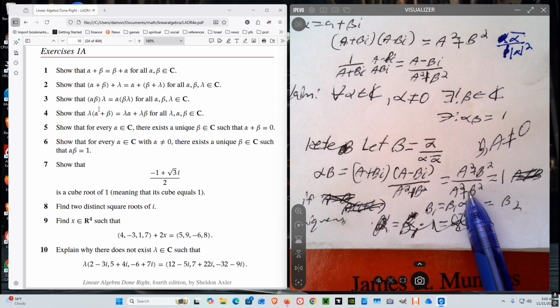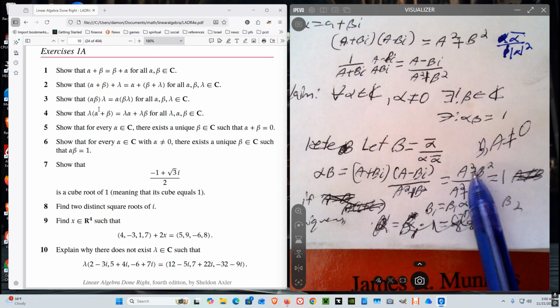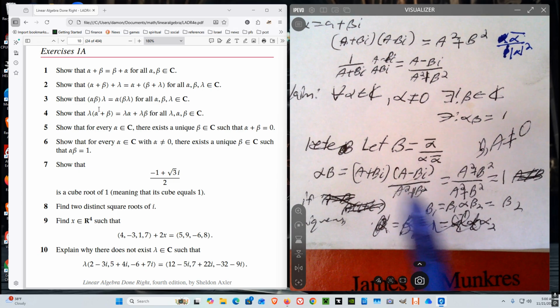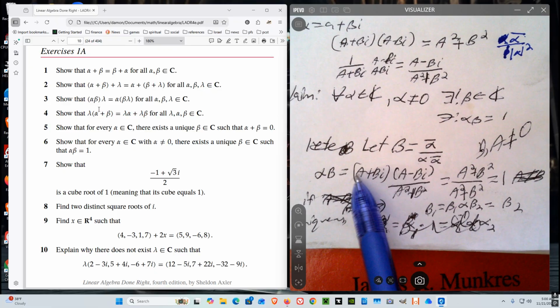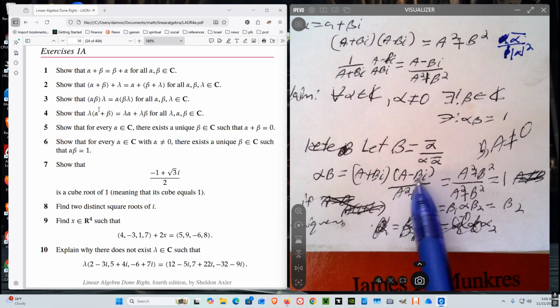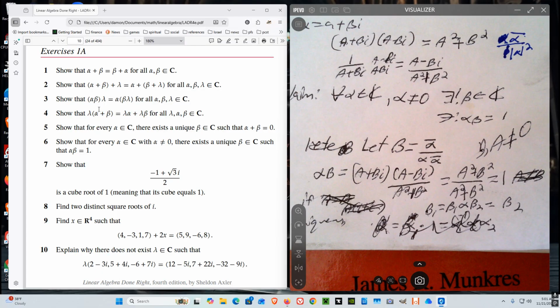If you multiply this out, the bi and minus bi terms cancel, so the imaginary parts cancel. A times a is a squared. B times b is b squared. I times I is -1, but there's a subtraction, so the two negatives make a plus.